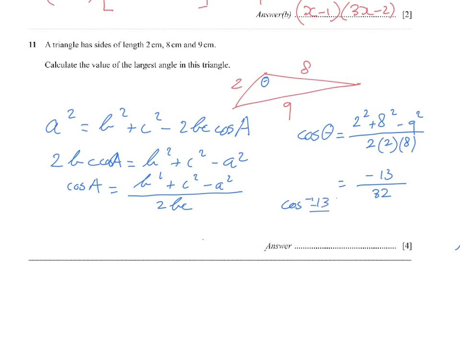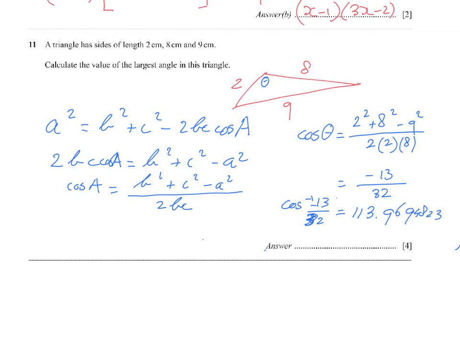So shift cosine, the inverse of minus 13 divided by, is that an 82? Why do I write 82? Sorry guys, 32. That doesn't make sense, does it? 32 equals, and it tells me 113.969483. There you go. Always write down the entire answer, then I'll round.